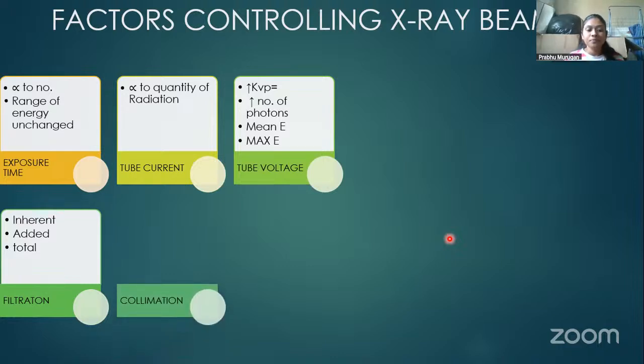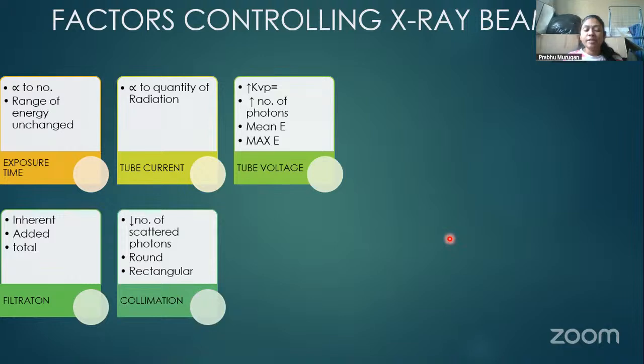Excuse me. Okay, next comes your collimation. The function of collimation is almost the same as that of filtration. The purpose is to reduce the number of scattered photons. Collimators are mostly of two main types, round and rectangular. The one we commonly use in most X-ray machines is the round collimator, but the one that is more ideal is the rectangular collimator. The reason being, a rectangular collimator resembles the same size as your IOPA, right?